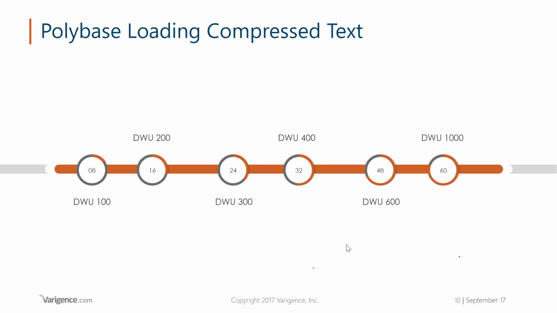The reason I have this slide up here is, let's just look at data warehouse unit 100 here. The 08 in the middle means that if you've configured data warehouse unit 100, PolyBase will have 8 readers. In other words, it can read 8 files in parallel.